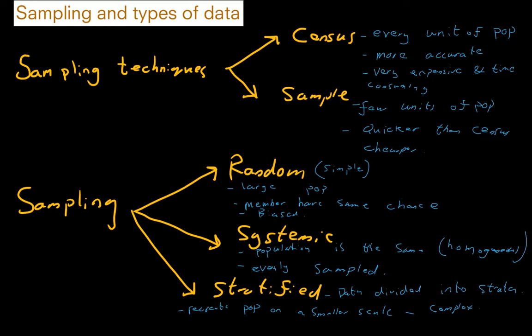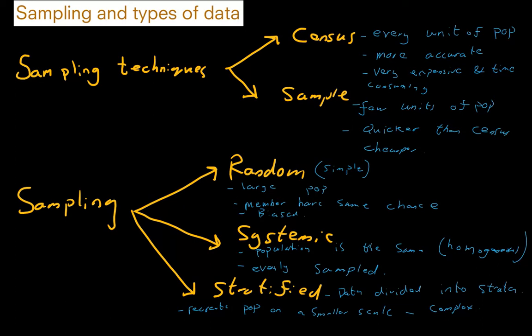A random sample is used for large populations. Every member should have the same chance, but there's bias in how we sample. So an example of a random sample could be we ask every member in a train carriage what they thought about the government at that particular time.